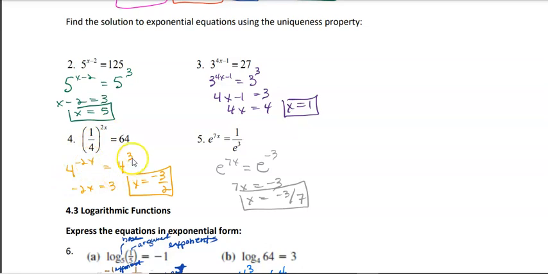That has to equal 4 to the third. You have the same base. Set your exponents equal. Divide by -2. And you get x is -3/2. So if you plug in -3/2 for x, you're going to get +3 over here on the left, and you already have +3 over here, so you know that you're correct.